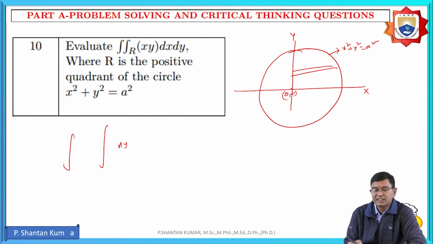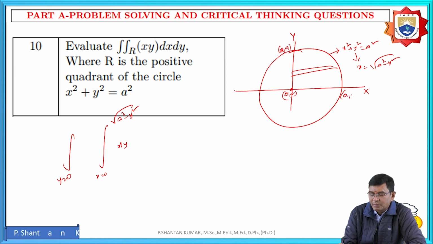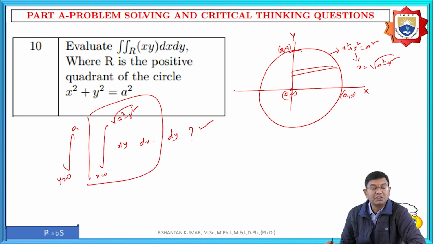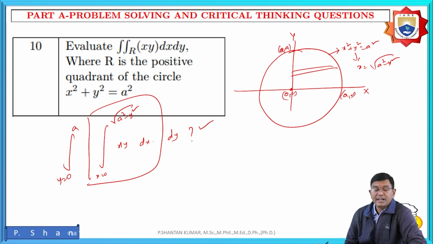Parallel to x axis, the lower limit is x equal to 0, and the upper is, from the given curve, x is equal to root of a square minus y square, and y is equal to 0 to a, that is 0 comma a, and again a comma 0. Then integrate first with respect to dx, and after that with respect to dy, then find the solutions. This is the clear procedure whenever the limits are given in Cartesian or polar coordinates.